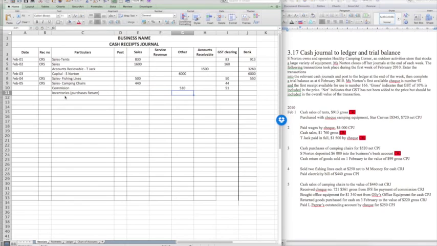Pop it straight into the other column. Now there'll be GST attached to these, so we'll need to take that away. So 220 divided by 11 is $20, which leaves 200 for the other column. And when we're doing our bank, it'll be the total of everything that happened on February the 5th. So the total will be $1,265.